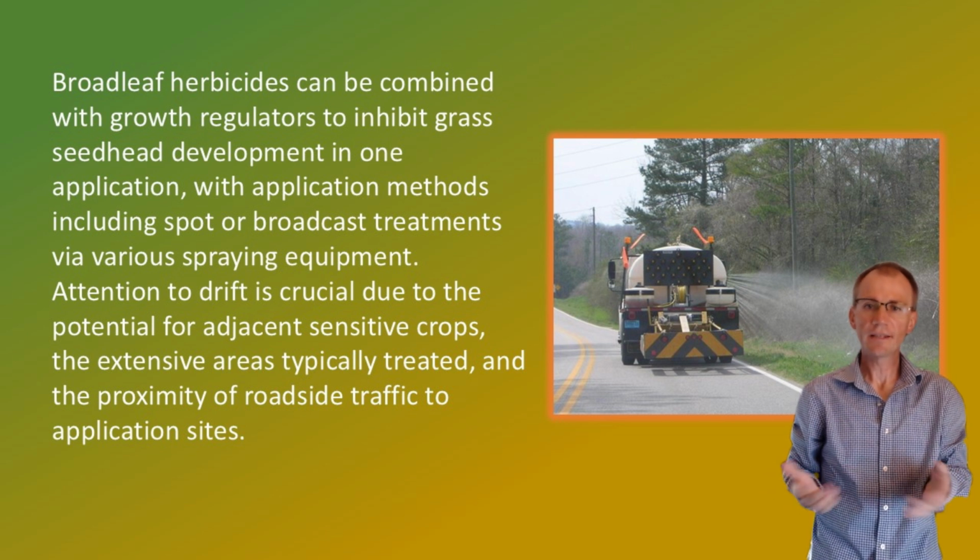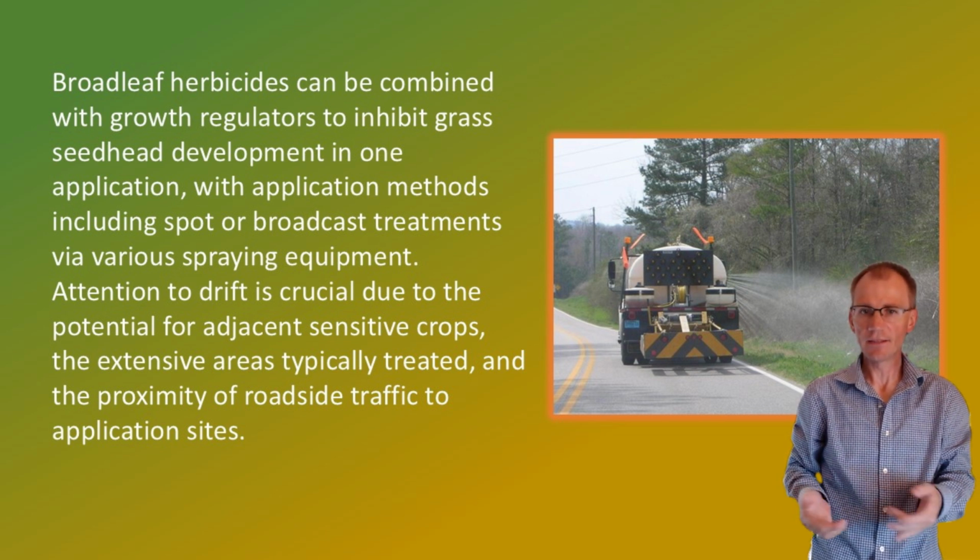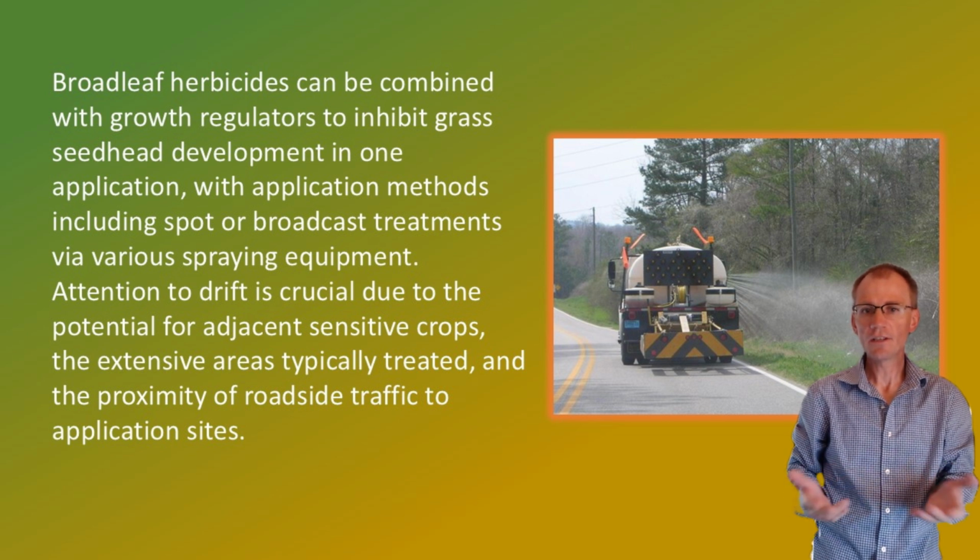Broadleaf herbicides can be combined with growth regulators to inhibit grass seedhead development in one application, with application methods including spot or broadcast treatments via various spraying equipment. Attention to drift is crucial due to the potential for adjacent sensitive crops.